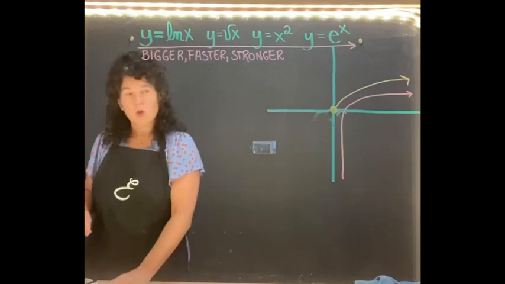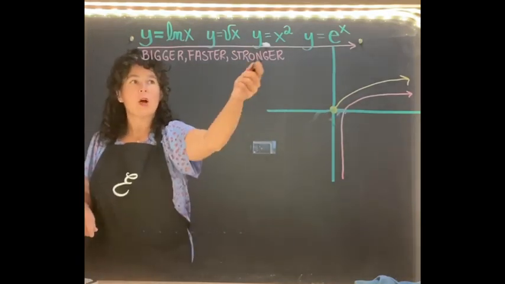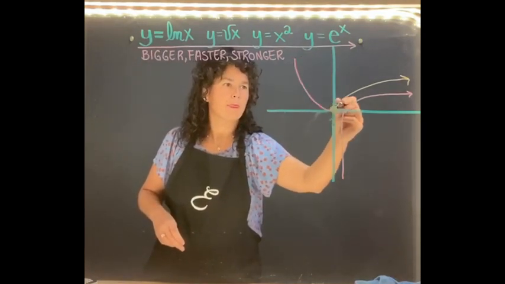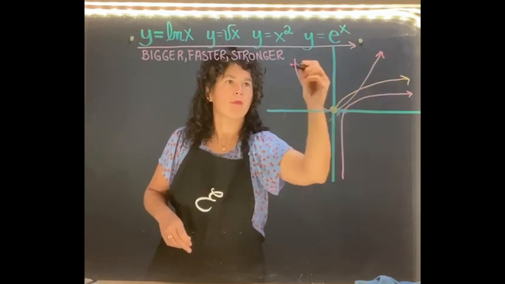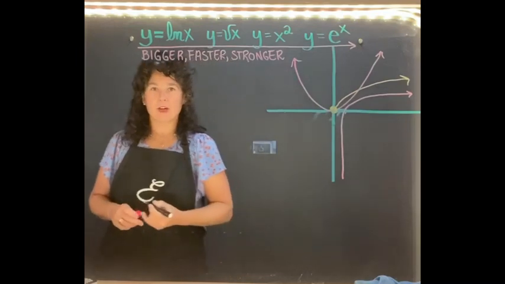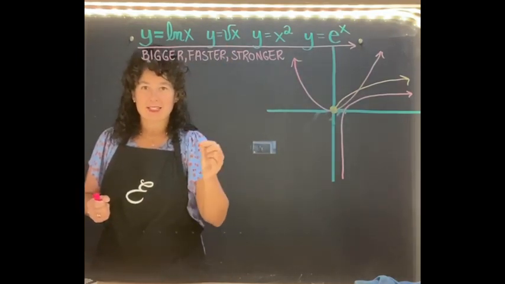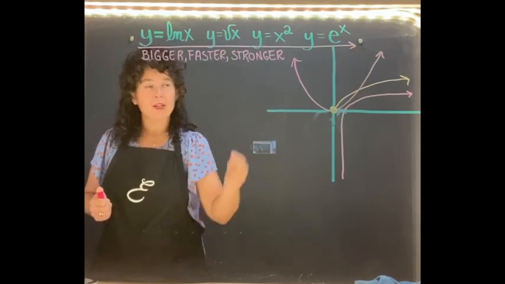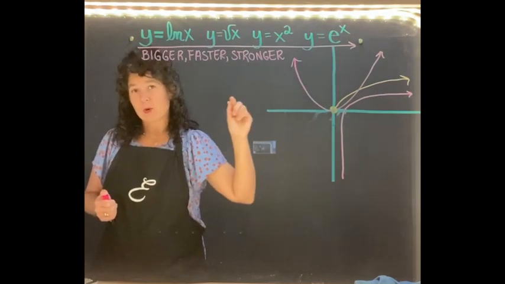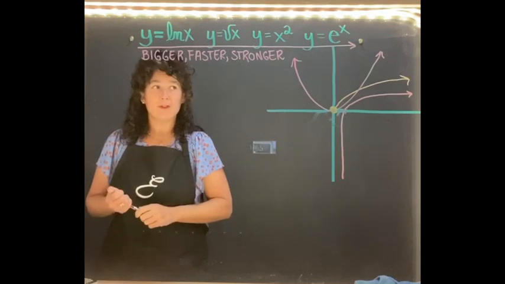After y equals the square root of x, if I were to graph, let's say, y equals x squared, a parabola, notice at larger and larger x values, our answers are getting bigger even faster. Now notice, square root of x is really the same thing as x to the power of 1/2. This is x to the second. So when x is the base, if the exponent is larger, then the function is going to climb faster.